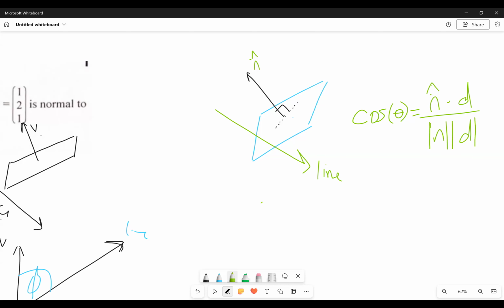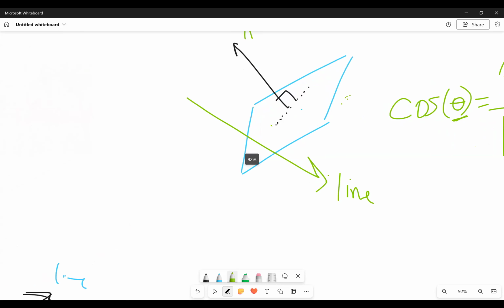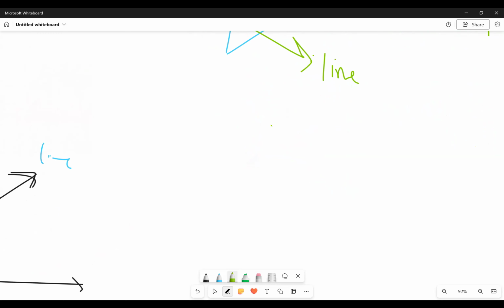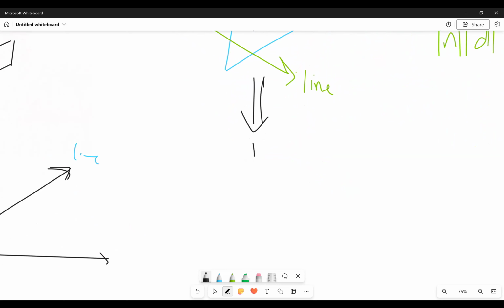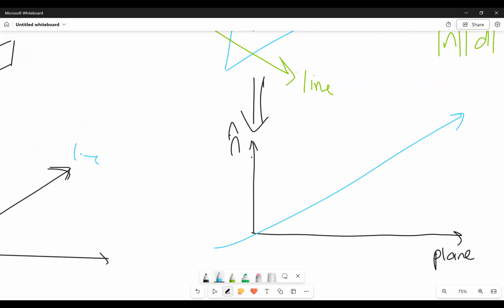There's an issue, however. This angle that we found is not the angle between the line and the plane. That's because we're going to turn this 3D drawing into 2 dimensions. If we do that, we have the normal line, which is 90 degrees to the plane. So this is the plane, now we're looking at it sideways, and this is the normal, and there's a line passing through the plane.